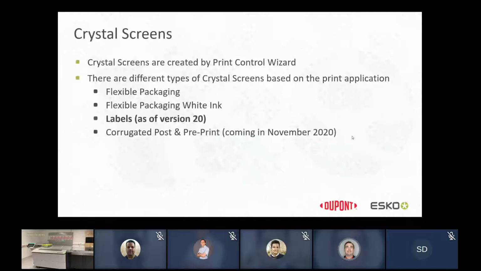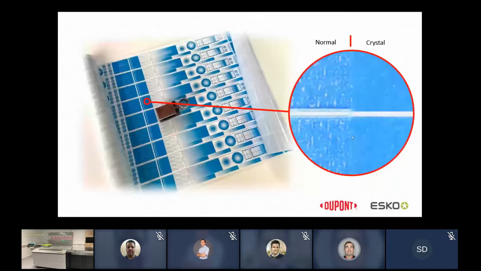So let's quickly look at some of the results. What I want to say first is that Print Control Wizard is going to select the right screening for your application. Some of the screens I'm showing here may not be the same screens that you would use in your application. It's going to depend on what analogs you're running, what substrate, what kind of press conditions, sticky back, and all those things.